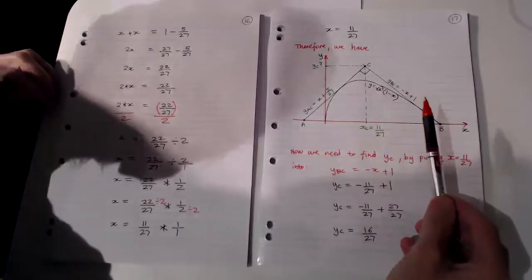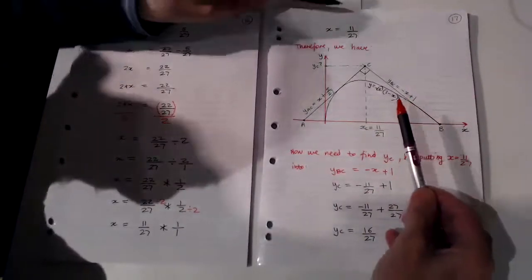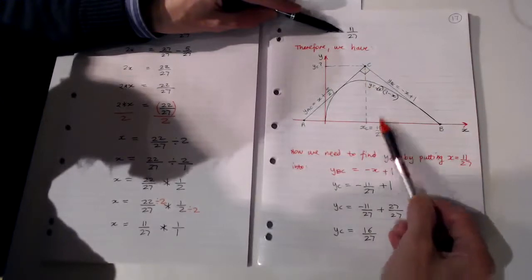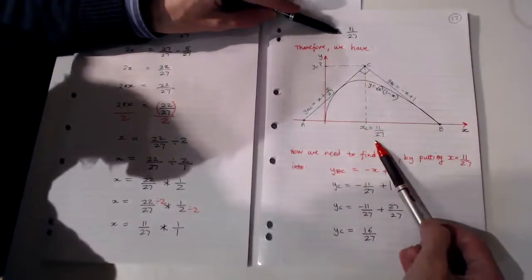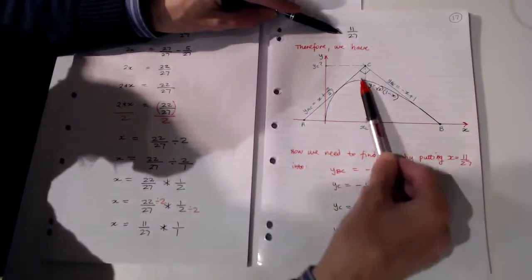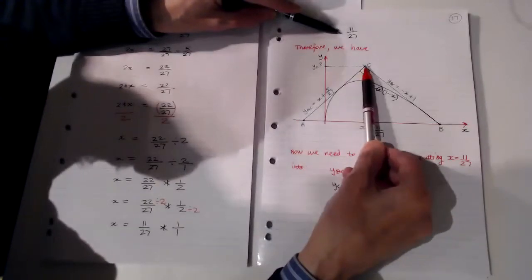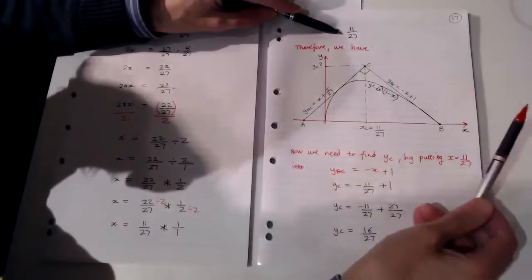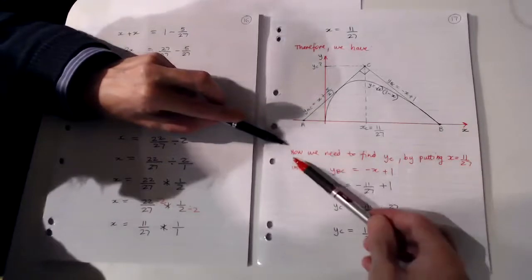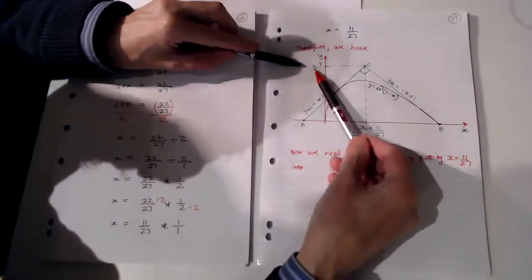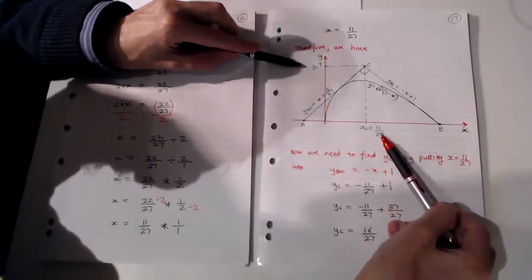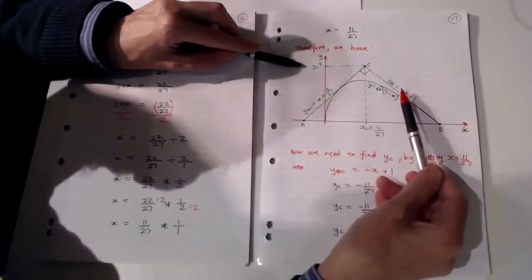Therefore, we have the following. We now know that the x-coordinate of point C is 11 on 27. With that information, we can now find the corresponding y sub C coordinate of point C. How? Well, like I explained here, you can find y sub C by putting x equals 11 on 27 in either one of these green tangent lines.